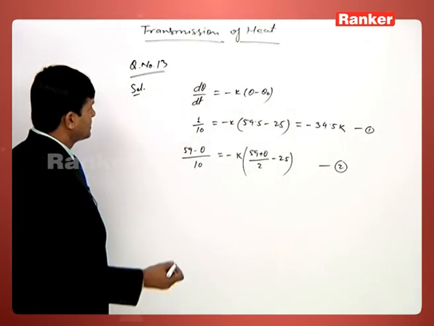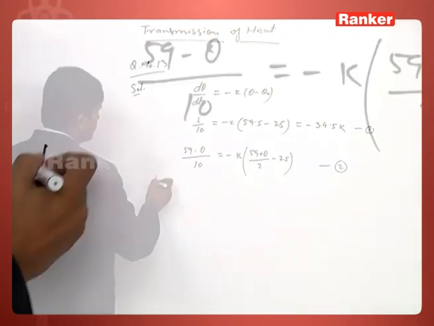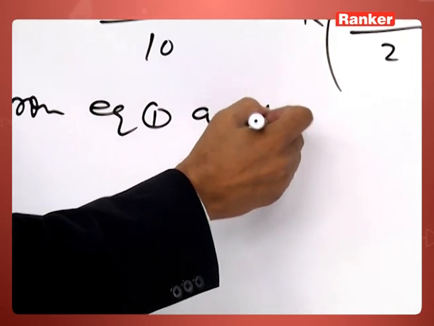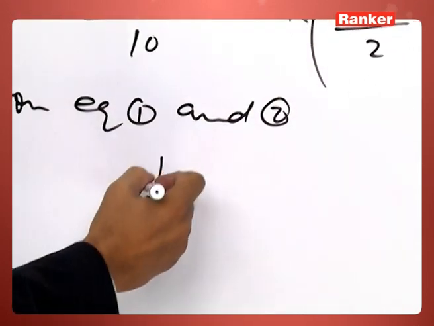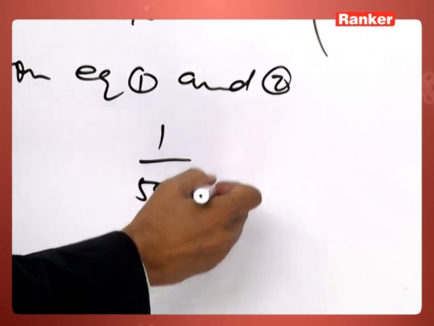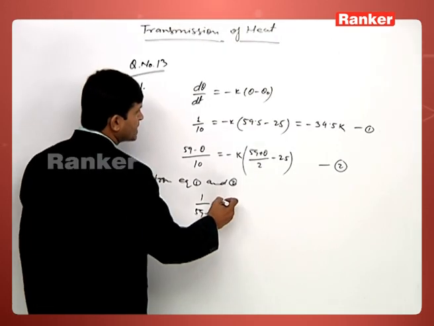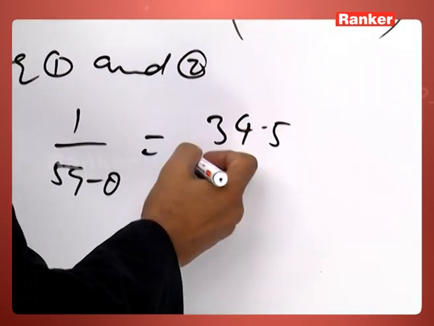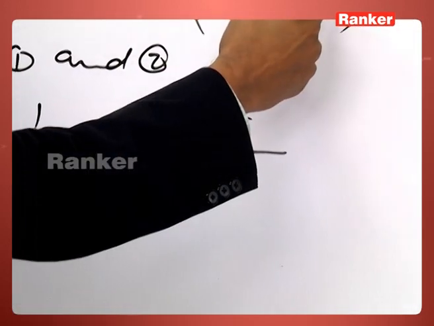We can divide equation 1 by equation 2. Dividing, 1 by 59 minus theta is equal to 34.5 by this, and we can simplify.